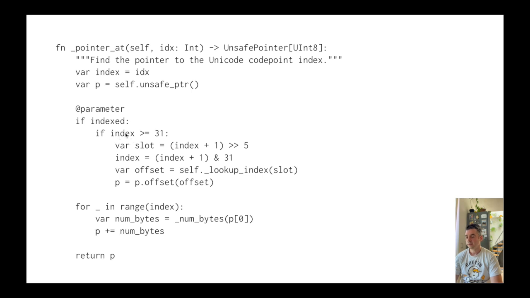But otherwise, if the index is bigger than 31, we look for the slot. Basically, we want to know which position in the index we are interested in. For this, we just divide by 32, or just shift by 5. This is the same stuff. And then the index itself, we are interested in the first 5 bytes, basically, right? So then we know the offset by lookup in the index. Let's say we want 88.